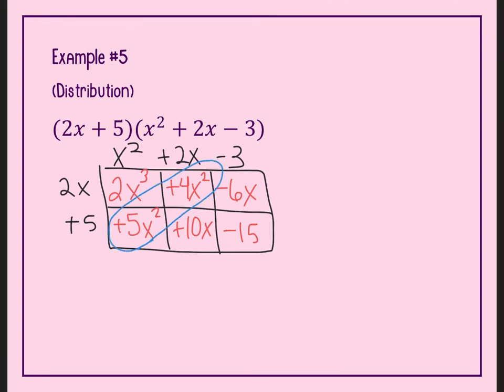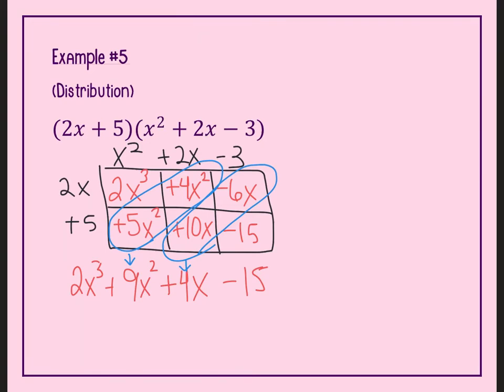The x squareds are the same, and the x's are the same. So we're going to combine those. Let's bring down your 2x cubed. 4x squared plus 5x squared is 9x squared. Negative 6x plus 10x is 4x. And then bring down the negative 15.